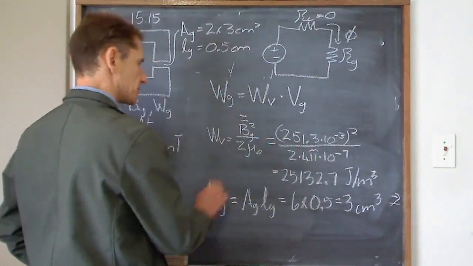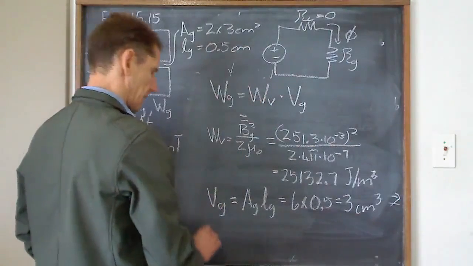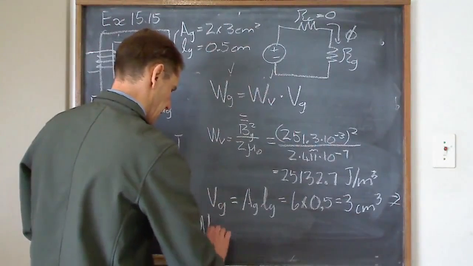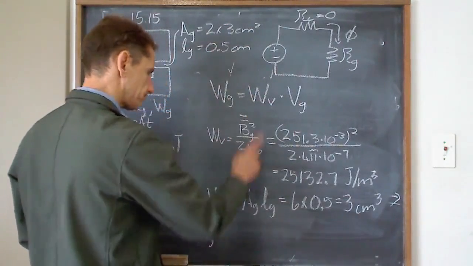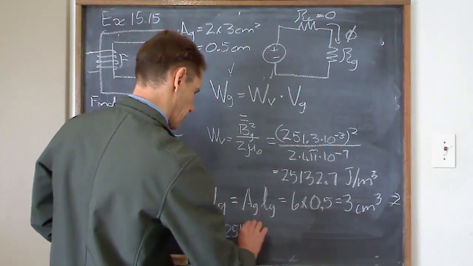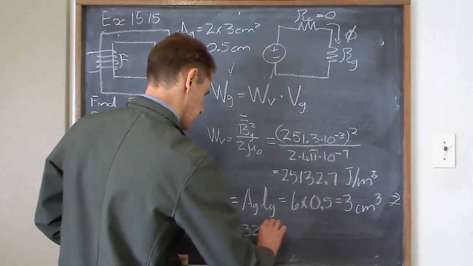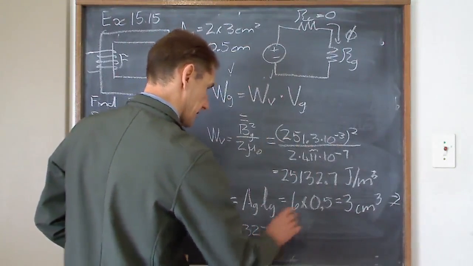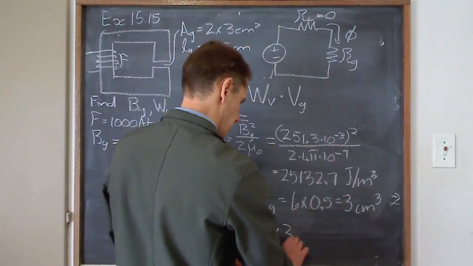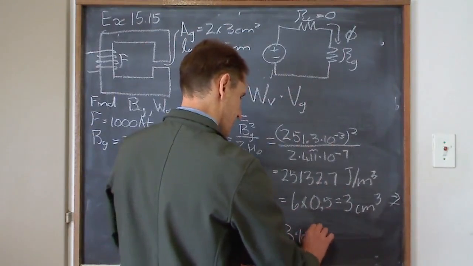Okay, so substitute these two into my energy equation. Let's redo it here at the bottom. The energy stored in the gap is the volumetric energy, 25132.7, multiplied, that's in joules per cubic meter, by 3 times 10 to the minus 6.